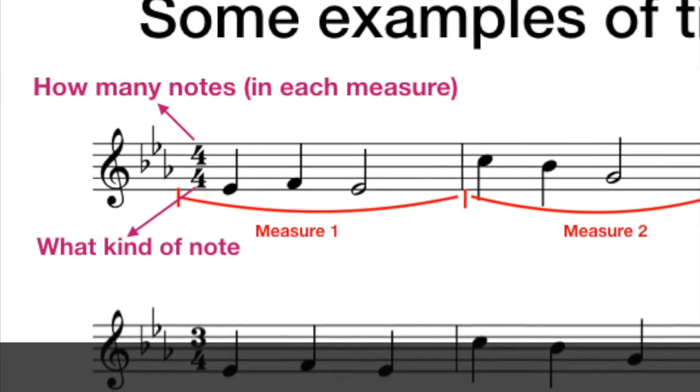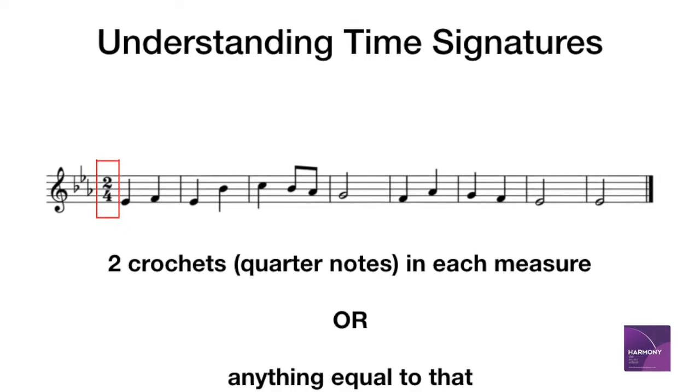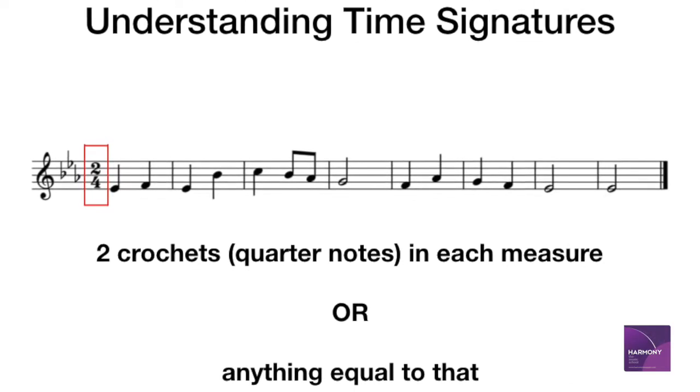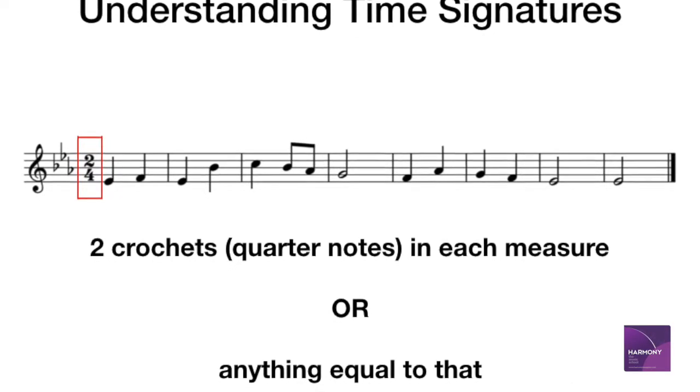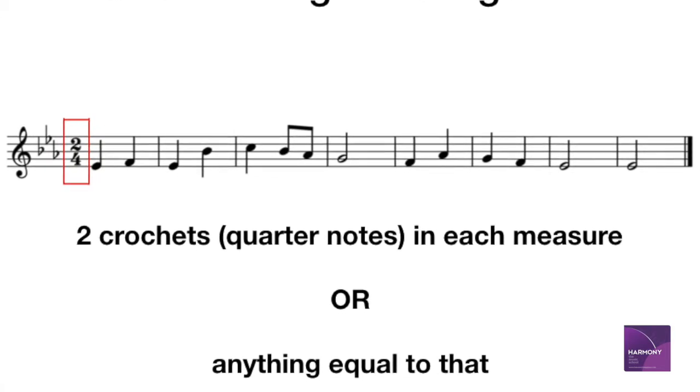So when you see a 2/4, it simply means that in each measure you will have 2 quarter notes, or anything equal to 2 quarter notes.